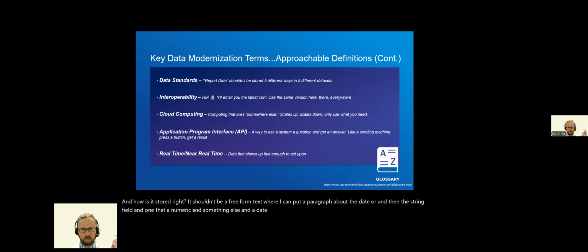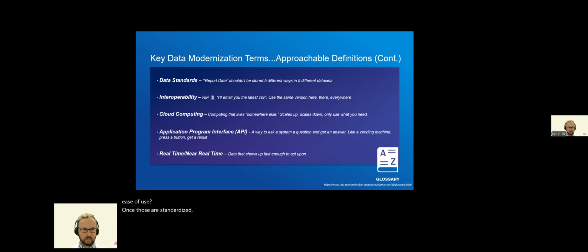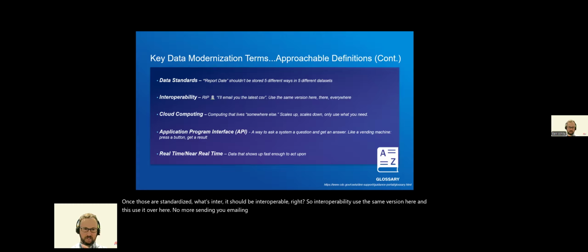Like, how do you define your data schemas for ease of use? Once those are standardized, it should be interoperable, right? So interoperability. Use the same version here and use it over here. No more emailing back and forth different versions and updates of a CSV during a response.